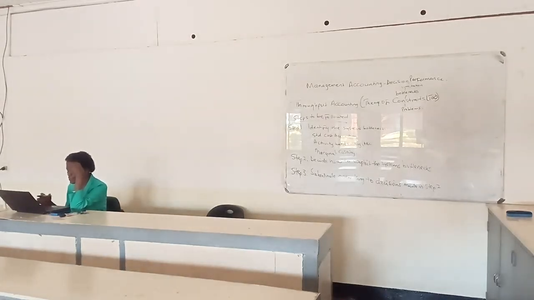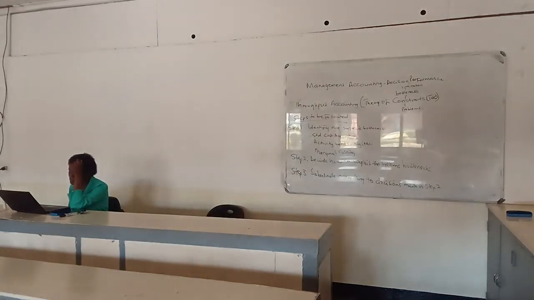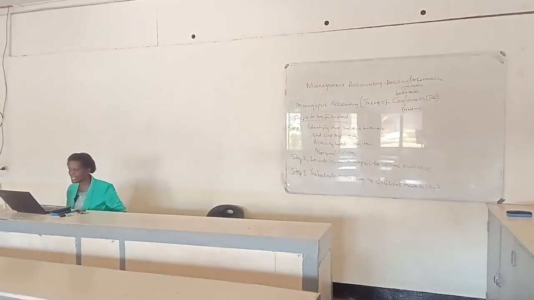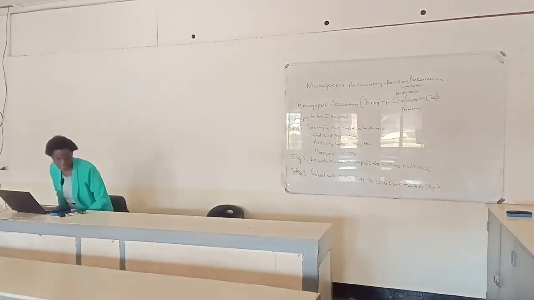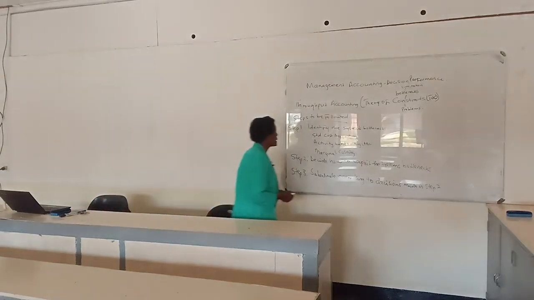So those are some of the things that you are supposed to look into when you are talking about the bottlenecks. So always when we're talking about throughput stages, we should always talk about the bottlenecks or concentrates. The fourth stage is elevate the system's bottlenecks.